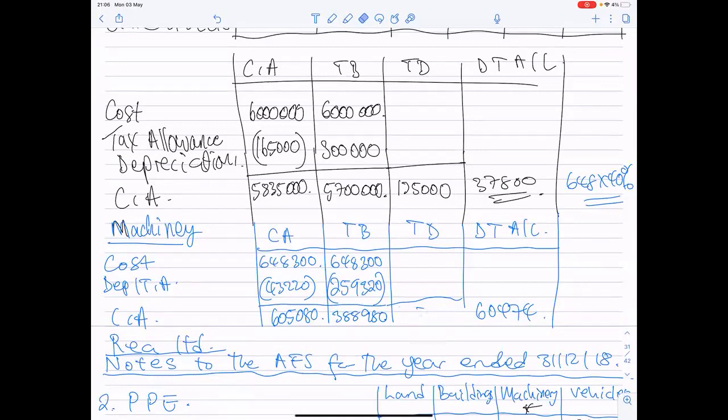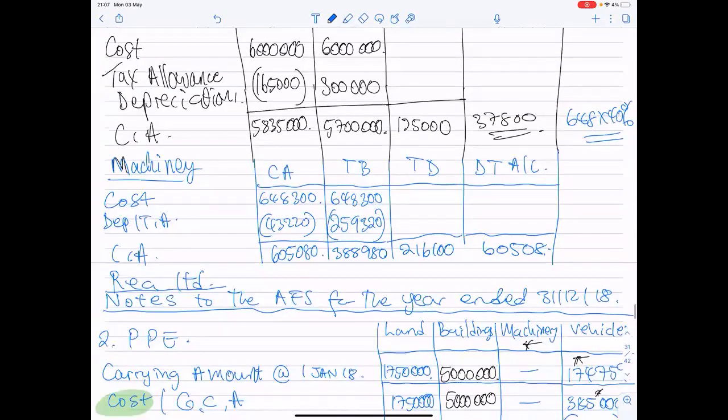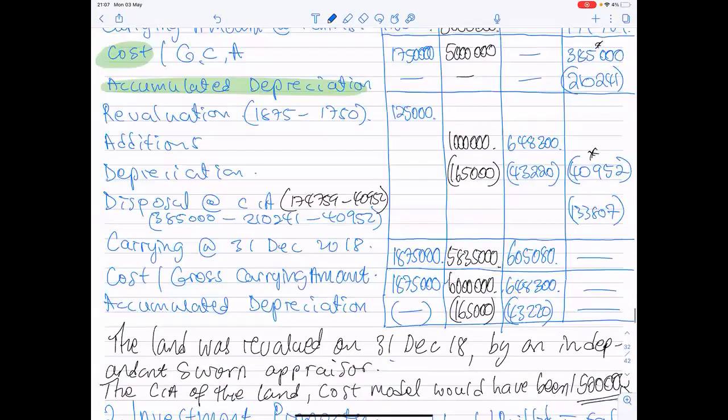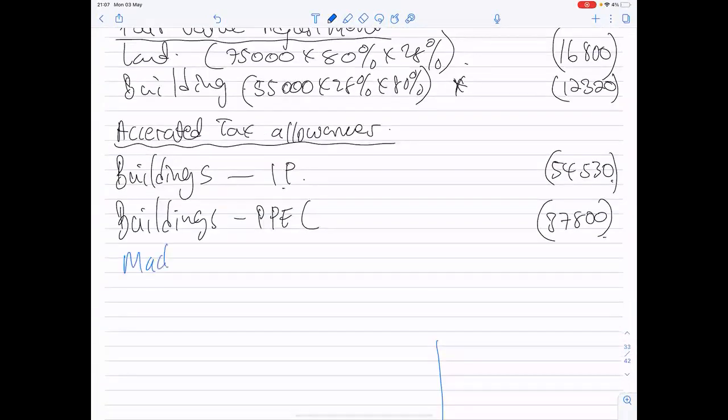Then 605,080 minus 388,980 is 216,100. Multiply by 0.28, we get 60,508. So that's what we put as accelerated tax allowance on the machinery, 60,508.